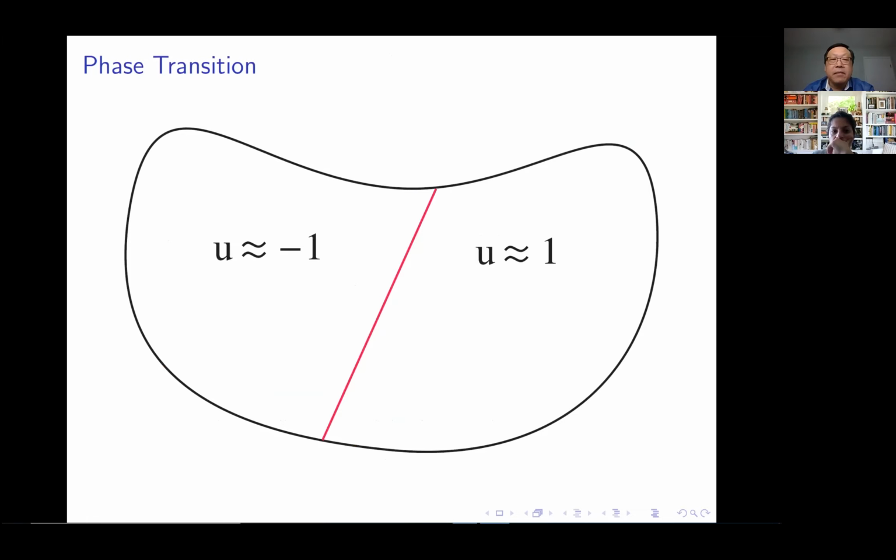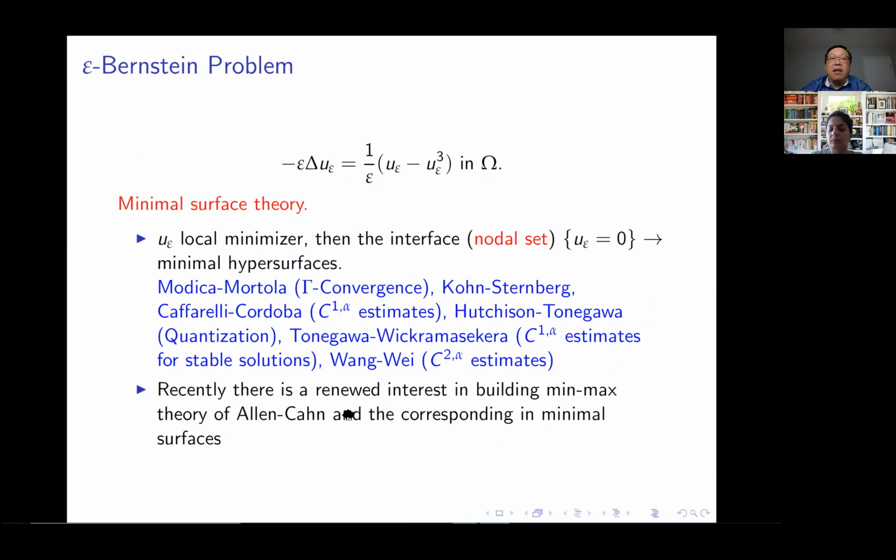This equation models the so-called phase transition. Phase transition means that on most of the domain your solution is close to minus 1 or plus 1, but then there is an interface in between. We want to study what this interface is.